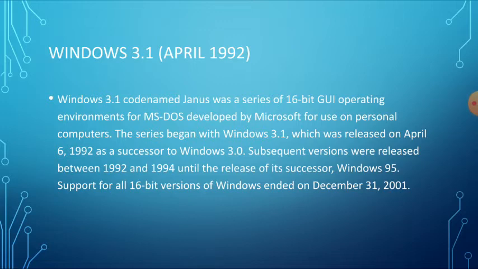The series began with Windows 3.1, which was released on April 6, 1992 as a successor to Windows 3.0. Subsequent versions were released between 1992 and 1994 until the release of its successor, Windows 95. Support for all 16-bit versions of Windows ended on December 31, 2001.